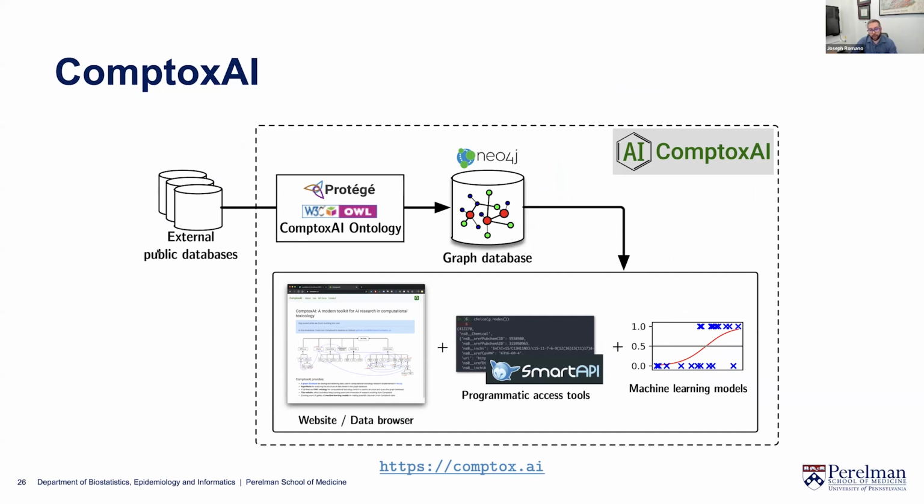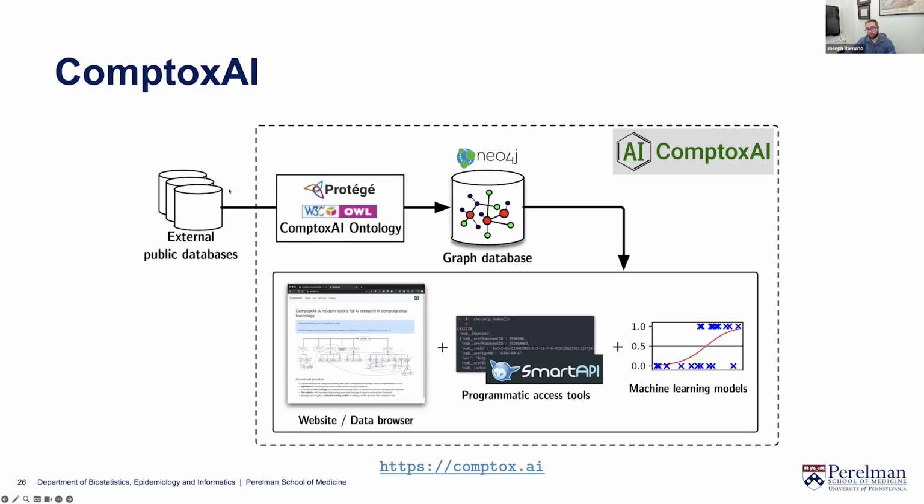ComptoxAI is a large knowledge graph, a large knowledge representation describing chemicals, xenobiotic chemicals primarily, of environmental toxic concern, different conditions in the human body, so potential endpoints of toxicity, as well as all of the different things that we know in a multimodal fashion that might mediate the relationships between a molecular exposure and the outcome of toxicity. And we build this using data that we've sourced from about 24 different publicly available biomedical databases.